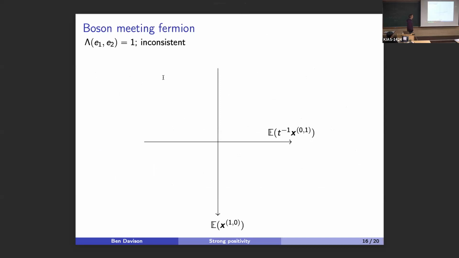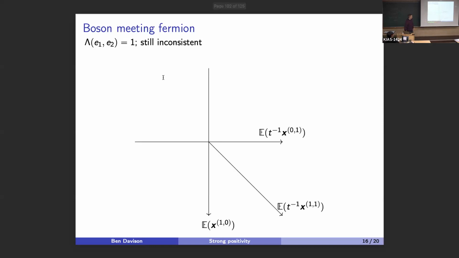So I've got here an example to show you a different kind of horror. The example I had before had this number equal to 3, which is very bad, but I didn't have a t in here, so I had a fermion meeting a fermion. Now I'm going to have a boson meeting a fermion, but with this nice number here. And the point is, this is still bad.